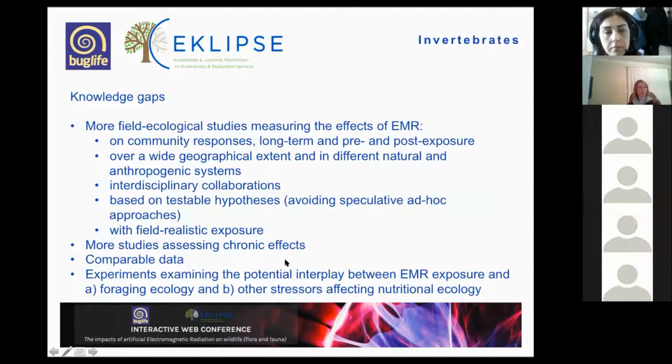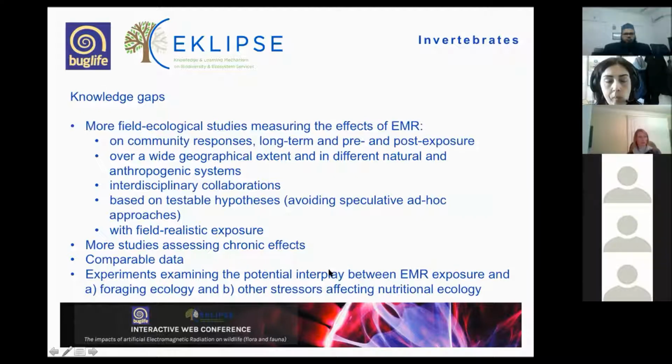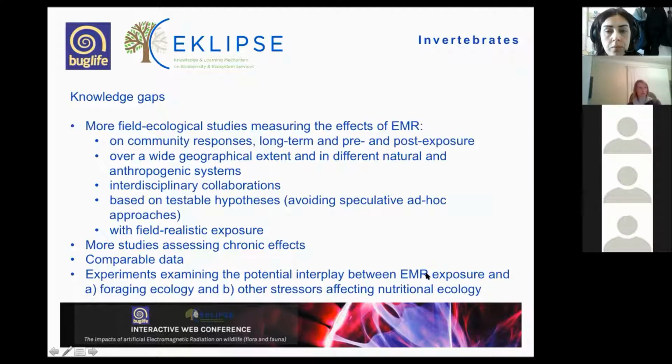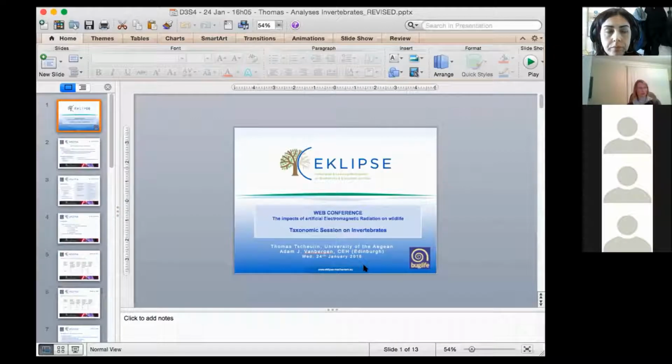We need more studies assessing the chronic effects and not these short-term effects. We need more comparable data, so we need some common methodology, and we also need to look at indirect effects and the interplay of EMR exposure with other aspects like foraging ecology or other stresses affecting nutritional ecology. So I think that's all for me.